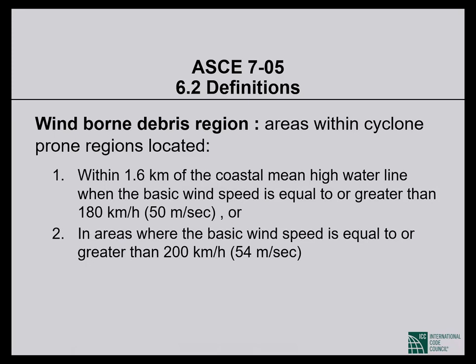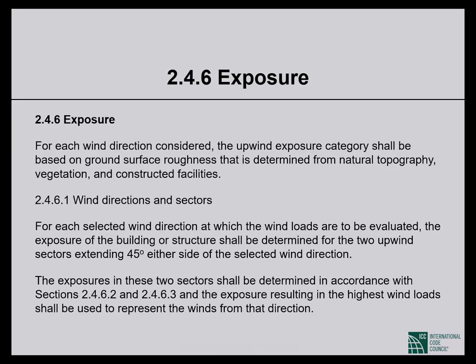Okay. In the windborne debris region, we have major requirements that the glazing in the lower 60 feet of the building height be protected, and those will be coming up, you will see.